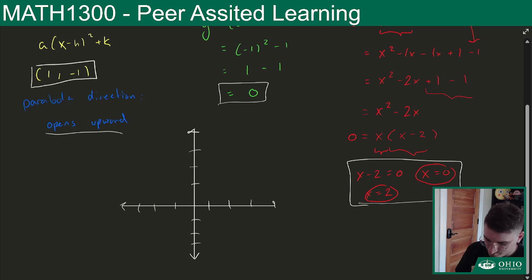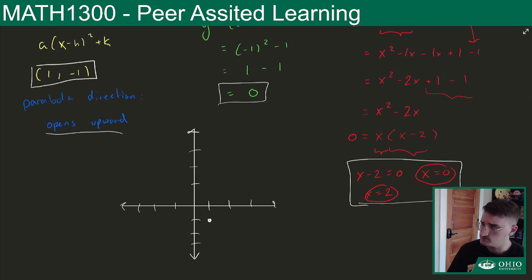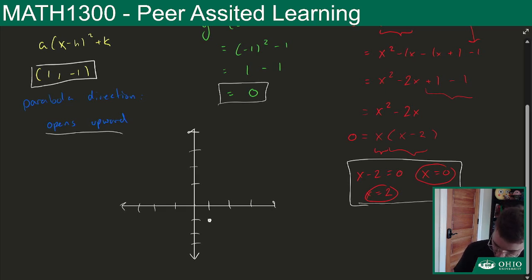Let's start with the vertex. The vertex is 1, negative 1. So I know the vertex is going to be right here. And let's now fill in the information for the zeros. The information for the zeros and the y-intercept in this case kind of overlap because we have a zero at x equals 0 and a y-intercept at y equals 0. But I do know that I have an intercept for both x and y at the origin.